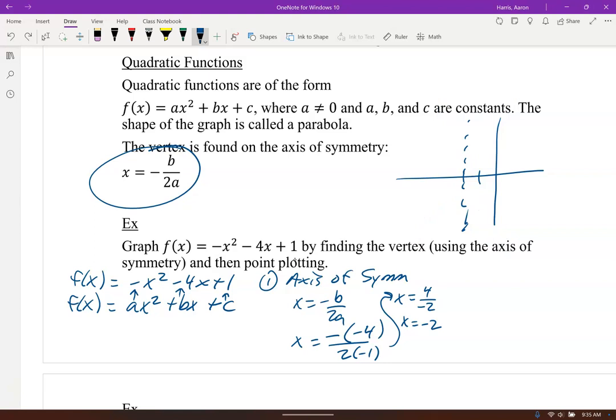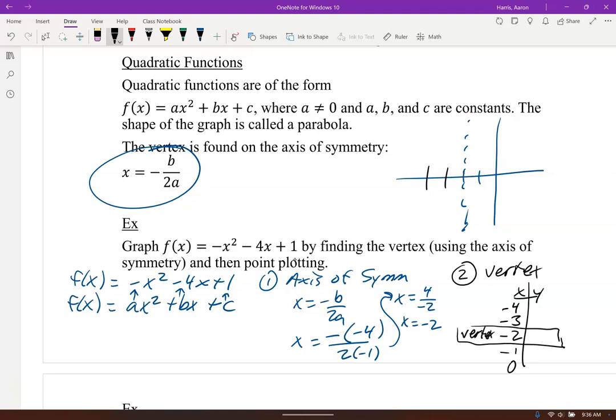I just know that's the middle of my graph. And so I'm going to use that to find number 2, where my vertex is. So my vertex lies on the axis of symmetry, so it's -2. I'm going to pick x values to the left of -2, like -3 and -4, and x values to the right of -2, which would be -1 and 0. And I'm going to plug those in one by one. But my vertex is right there when x is -2.